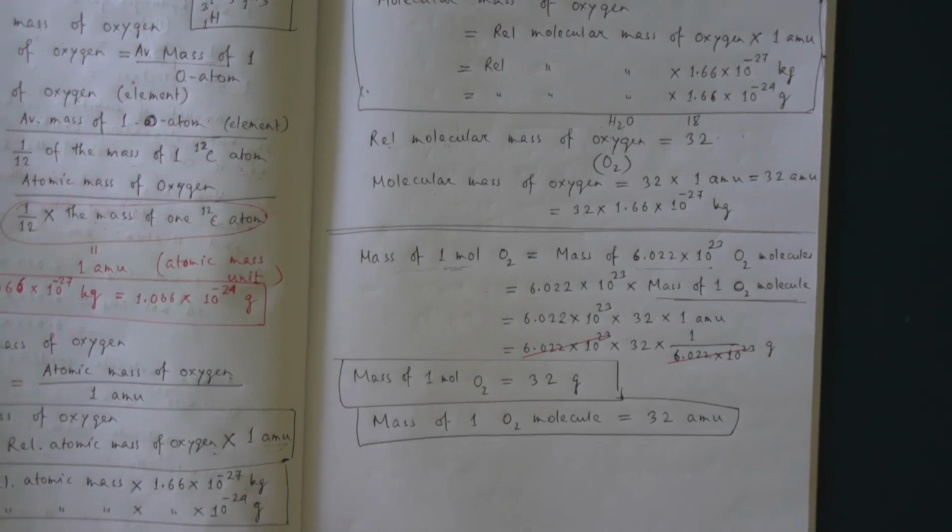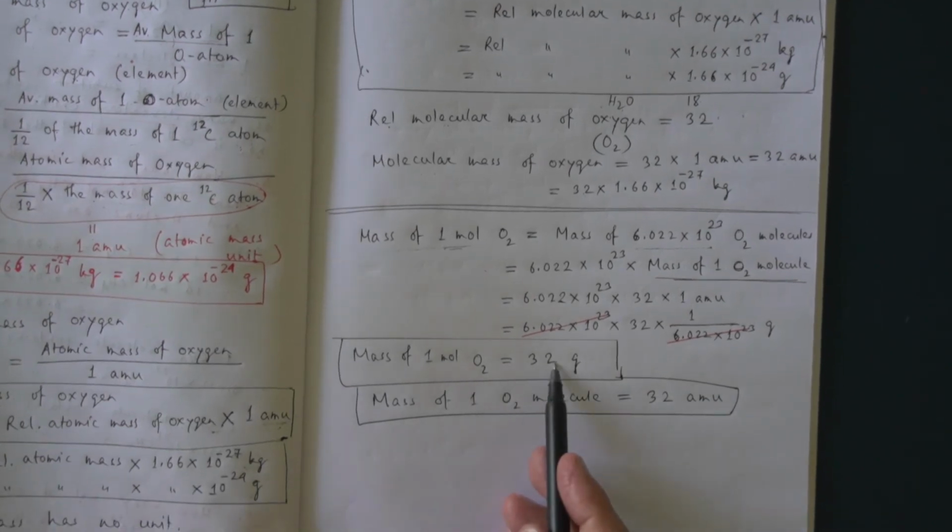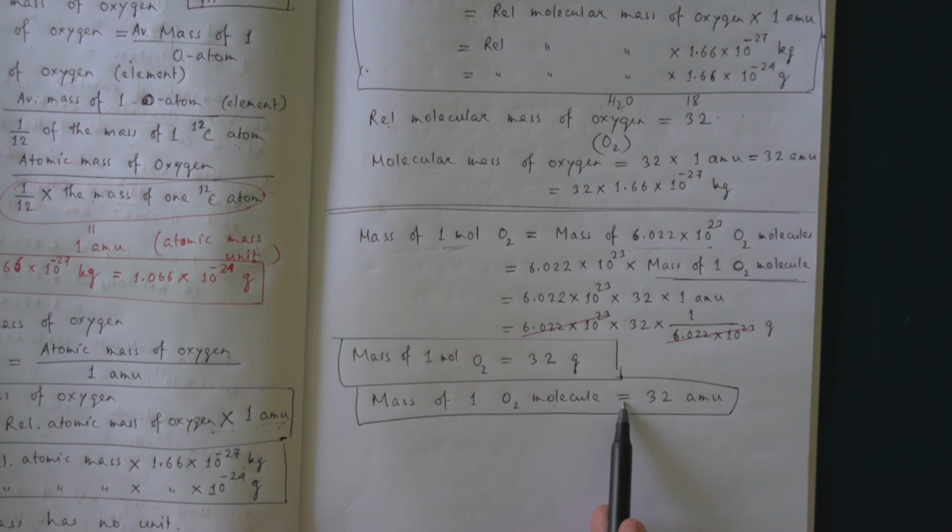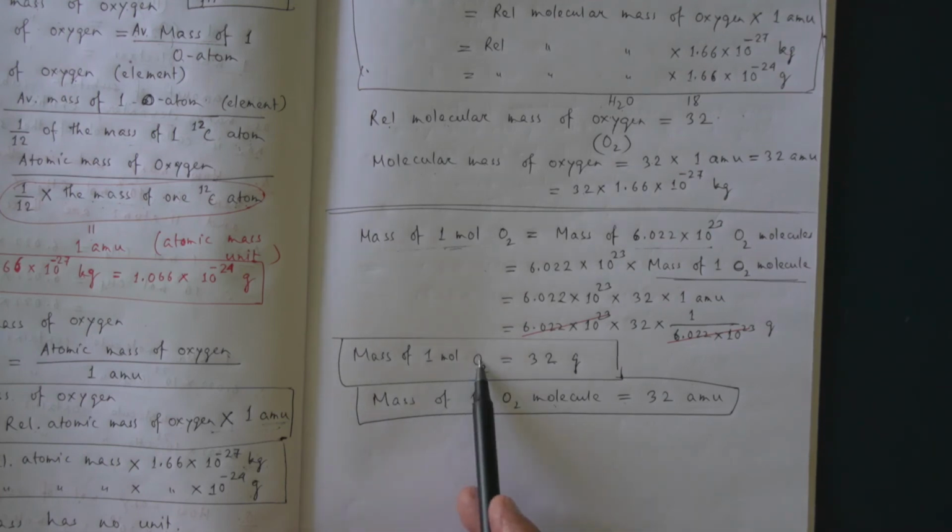Mass of 1 mole and mass of 1 molecule. Similarly, mass of 1 water molecule is 18 AMU, mass of 1 mole water is 18 gram. And 1 mole means how many molecules? 6.022 into 10 to the power 23.